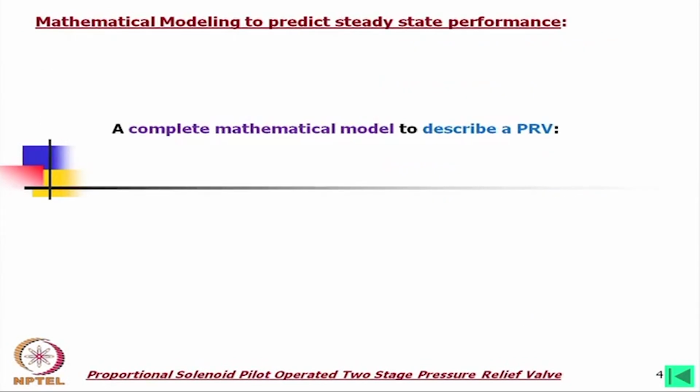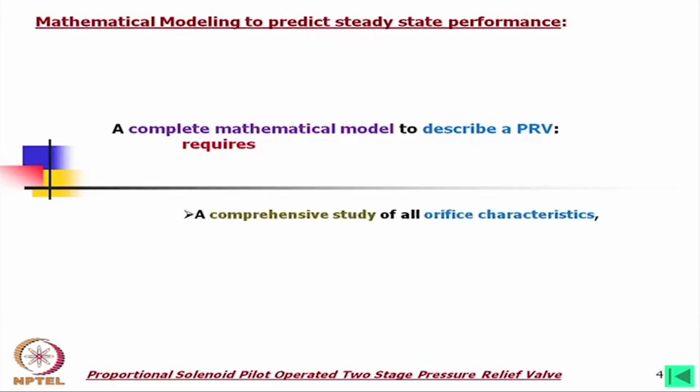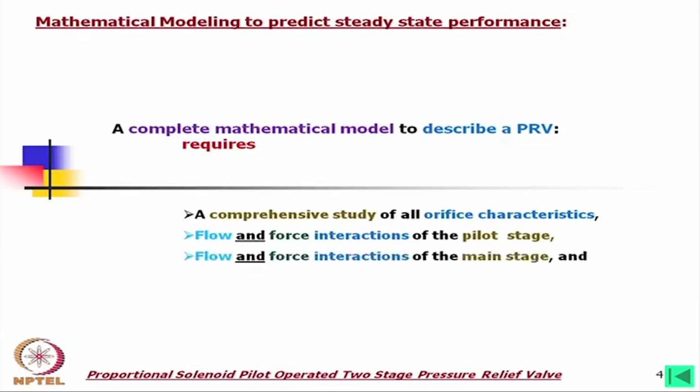Now, a complete mathematical model to describe a PRV requires first of all a comprehensive study of all orifice characteristics, flow and force interactions of the pilot stage, flow and force interactions of the main stage, and valve geometry, that we should know.